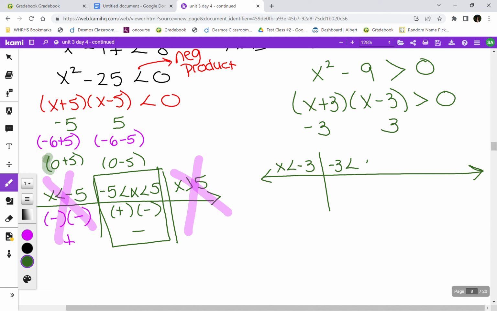Negative 3 is less than x, which is less than 3. And x is greater than 3. This time, do we want our product to be positive or negative? Positive. I will tell you, just to speed things up a little bit, this will be positive and this will be positive and this will reject.